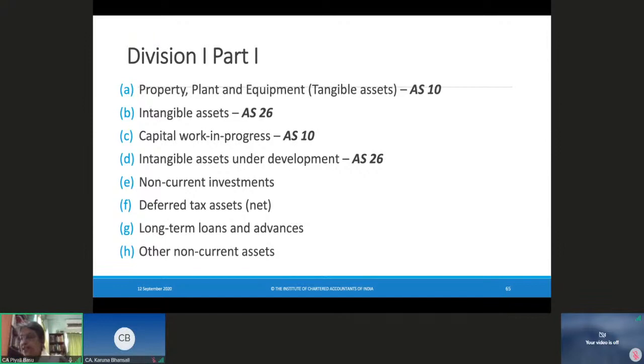If anything else does not fall under these categories and has a quantifiable amount associated with it, it can be disclosed, along with a reconciliation. A reconciliation of the gross and net carrying amounts of each class of assets as above should be given.